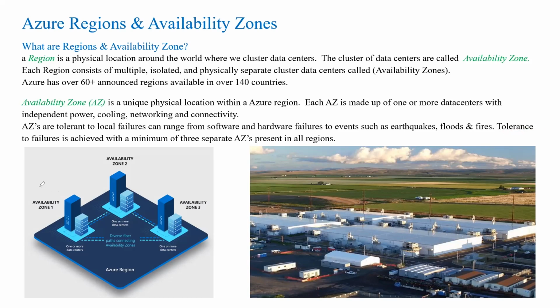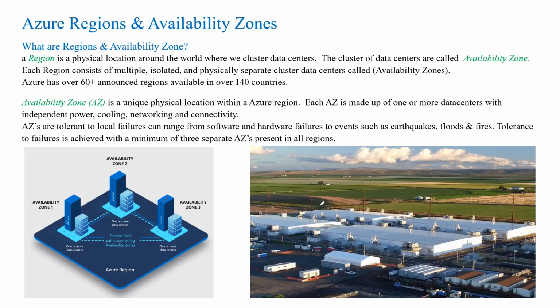See, let us say, for example, you have created one VM in availability zone 1. The replica of this virtual machine is there in availability zone 2 and availability zone 3 as well.